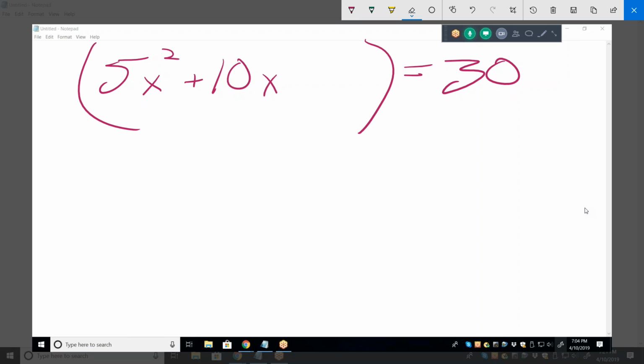Put parentheses around the x squared and the x term. Now, I can see why you call it greatest common factor, but it really isn't. Notice the greatest common factor is 5x. I'm not going to do that. I'm going to factor out whatever the coefficient in front of the x squared term is. It's not a greatest common factor.